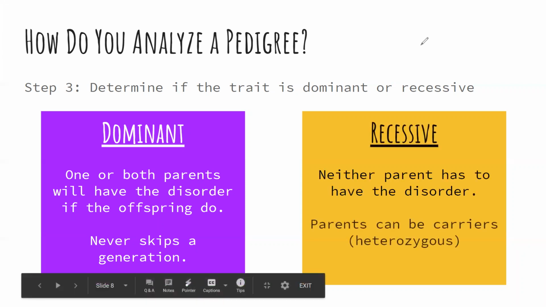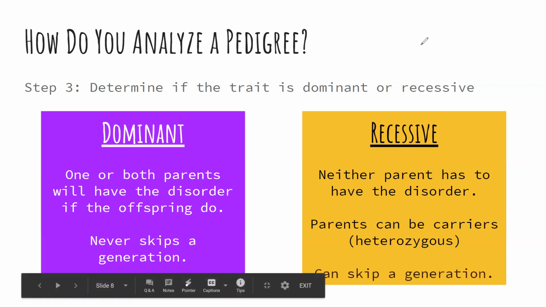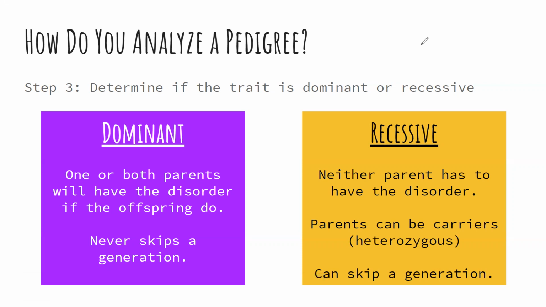However, if it's recessive, that means that neither parent has the disorder, but the parents can be carriers, which means they can be heterozygous. They can carry that recessive gene, but it won't show up unless both recessive alleles are passed on.